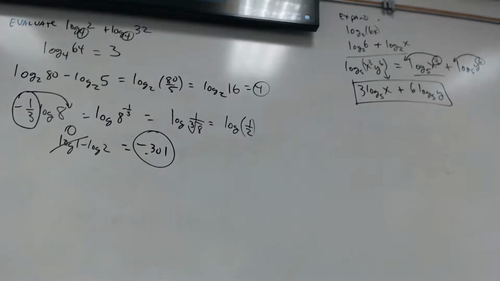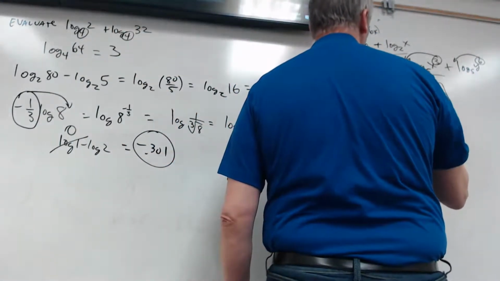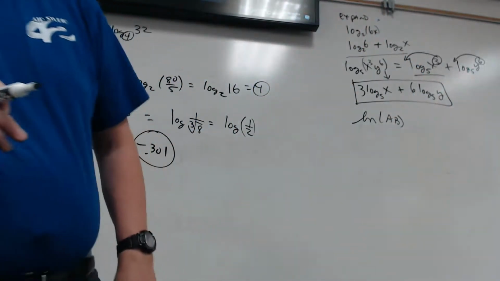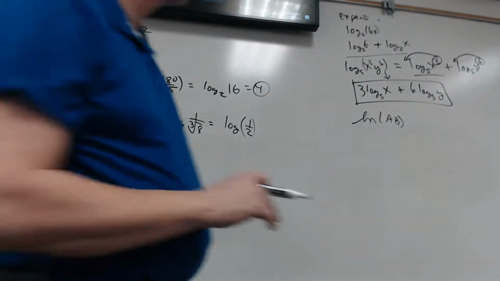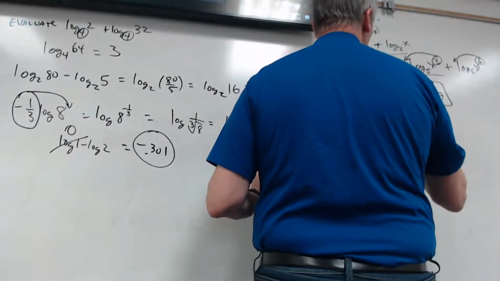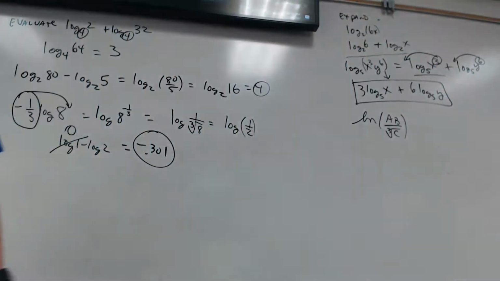All right, how about the ln of AB over the cube root of C? This one looks like a good job for Andrew.